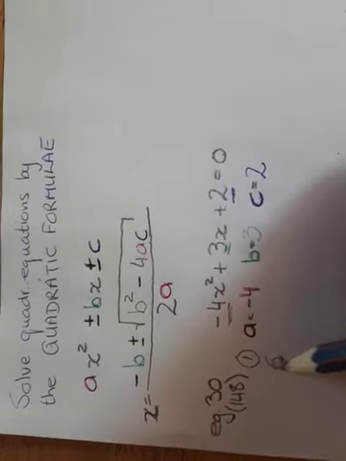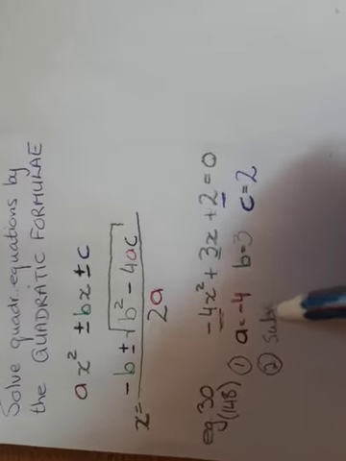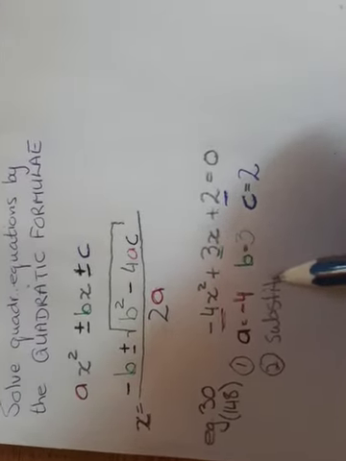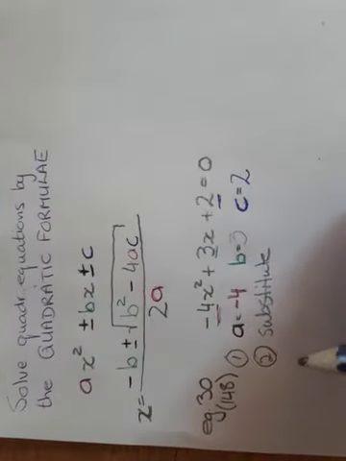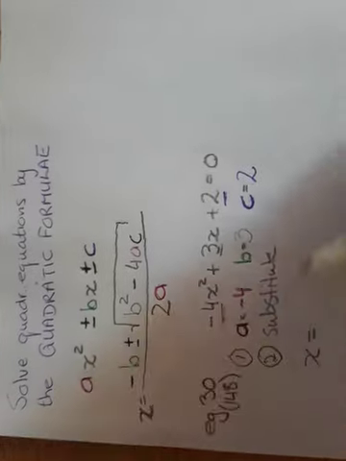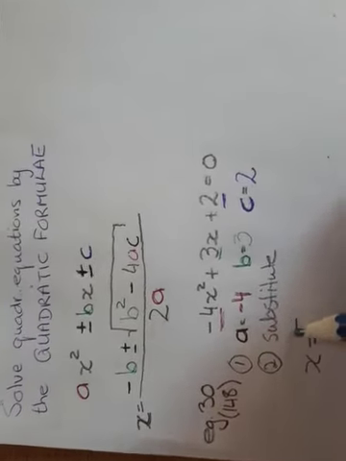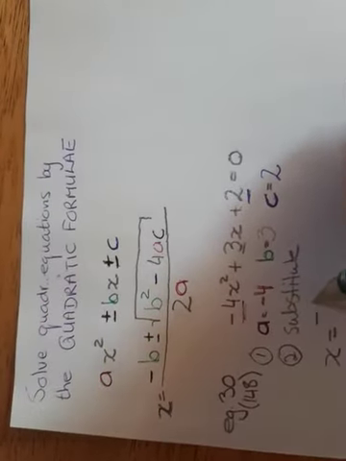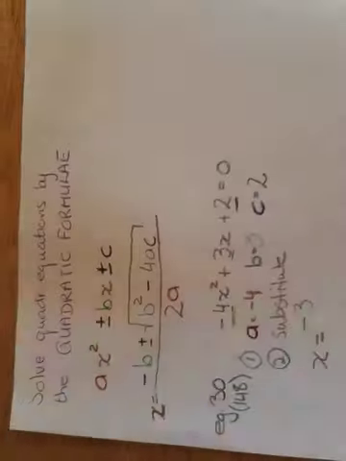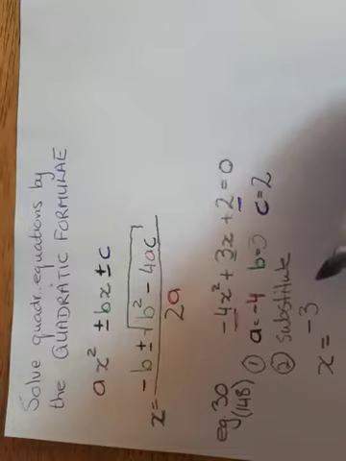Then you simply substitute the values into the formula. So step 2 is to substitute values: you substitute A, B, and C. Therefore, x equals negative, and then our B is 3. Then plus or minus.